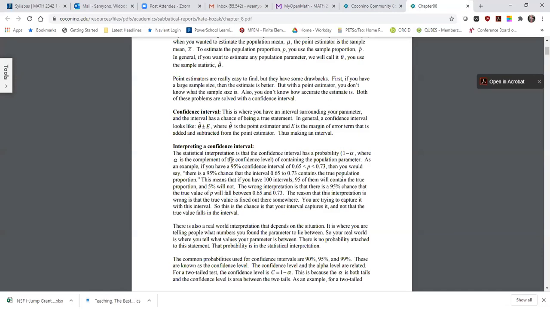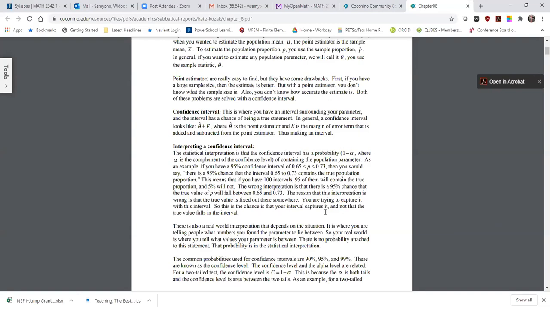So as an example, if you have a 95% confidence interval, right, then you would say there is a 95% chance that the interval 0.65 to 0.73 contains the true population proportion. So that means that if you have 100 intervals, okay, 95 of them will contain the true proportion, and 5% will not. Okay.